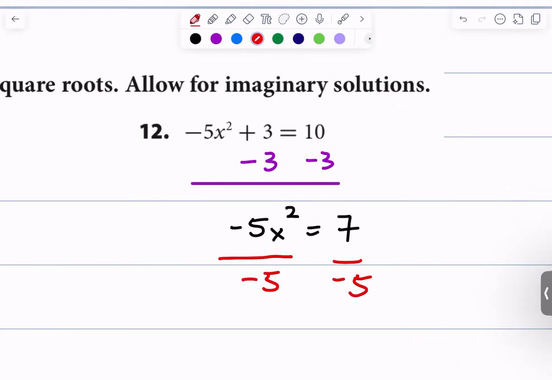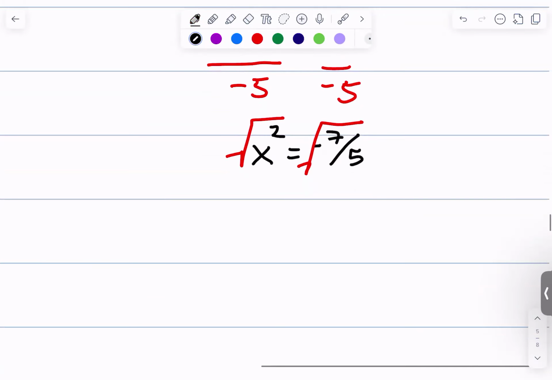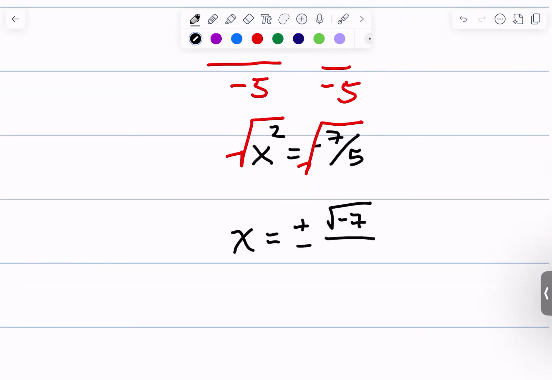Divide by negative 5. So that x squared equals 7 over negative 5, negative 7 over 5. Then I am going to square root it. So x is going to equal plus or minus square root of negative 7 over square root of 5.